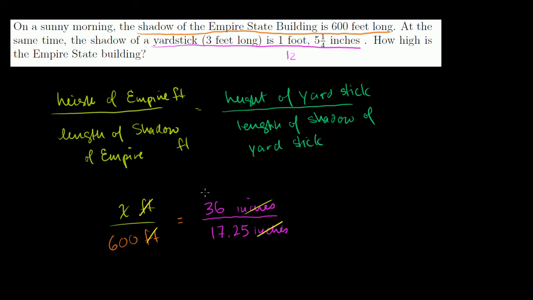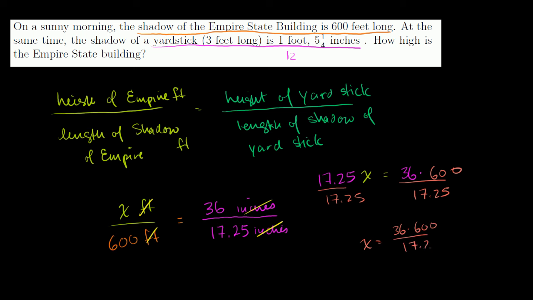So 17.25 times x is going to be equal to 36 times 600. And then we can divide both sides by 17.25. So x is equal to 36 times 600 over 17.25.